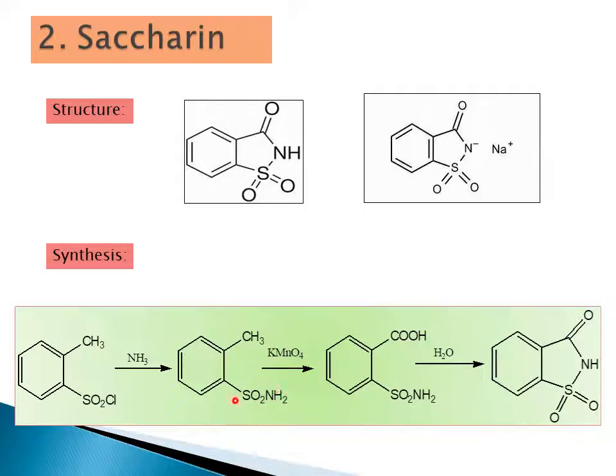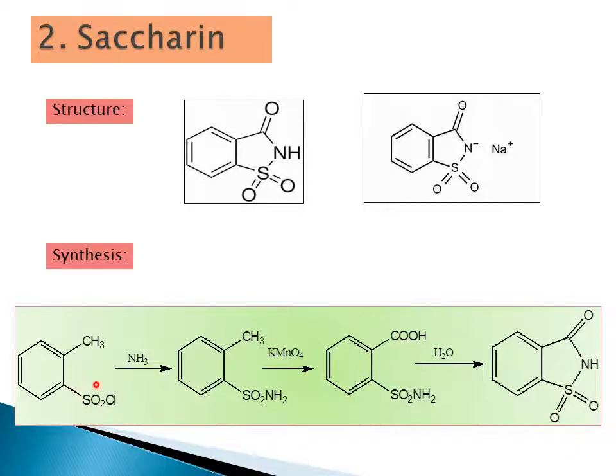For the toluene sulfonamide to undergo cyclization, the methyl is subjected to oxidation. In the presence of potassium permanganate, which acts as an oxidizing agent, the methyl is converted into carboxylic acid. Then the carboxylic acid OH and the amine hydrogen are lost as water, and finally it undergoes cyclization and gives saccharin. If you want sodium saccharin, just treat it with a base and finally it gives the sodium salt.